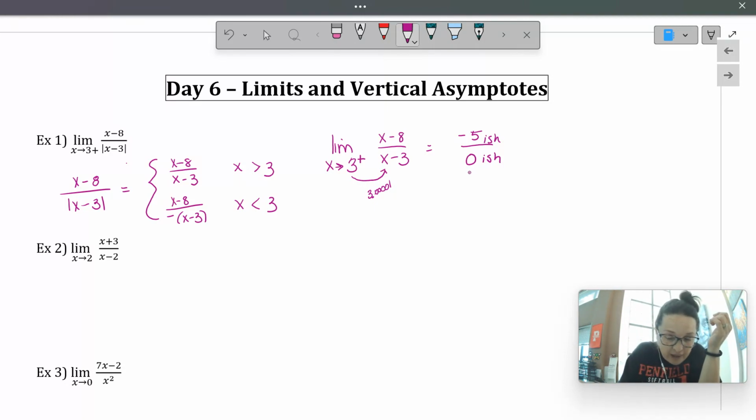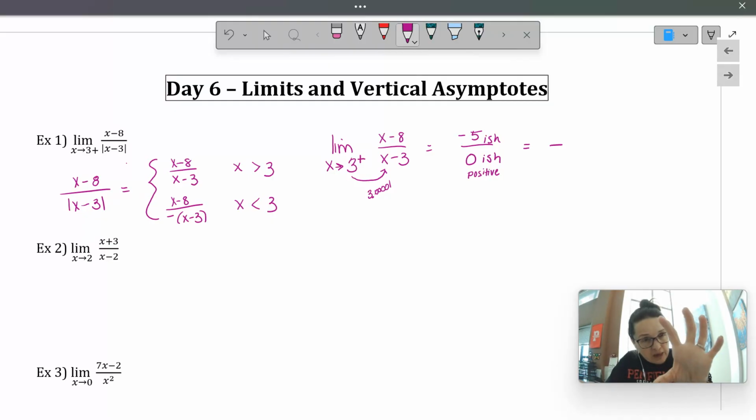So that's really 0-ish and positive. So if I take negative 5 and divide it by a number really close to 0 and positive, a negative divided by a positive is going to be negative, and negative 5 divided by 0-ish gets really big.